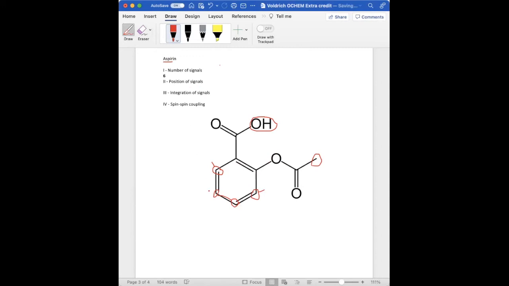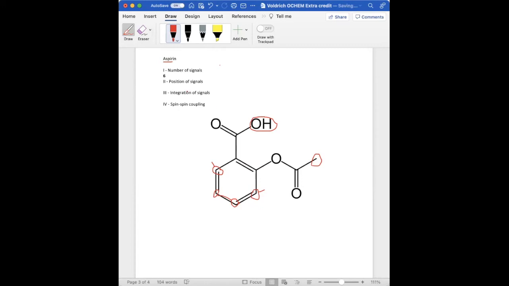Now, these two will have similar shifts because they're part of the ring, and they're either 2 or 3 away from the ether and ester, depending on which direction you go and which one you pick. And they will almost register the same. The signals on the NMR may overlap, so they might only appear as one for that reason.